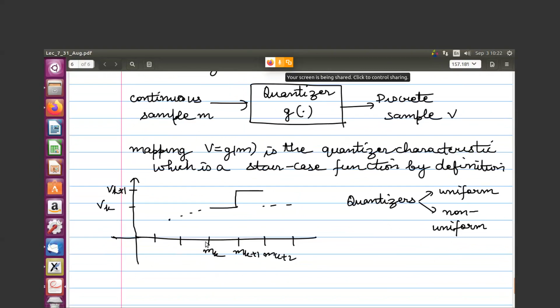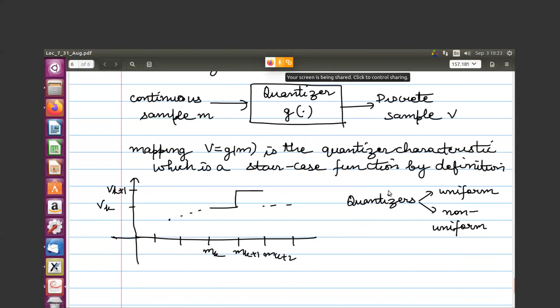Because any value between mk and mk plus 1 will take a value vk. So if I put any input from mk to mk plus 1, I will definitely get vk. So this will be a straight line. Similarly, there will be a discontinuity at this point, and any value which just jumps off mk plus 1 will take a value vk plus 1. So this is a staircase function.